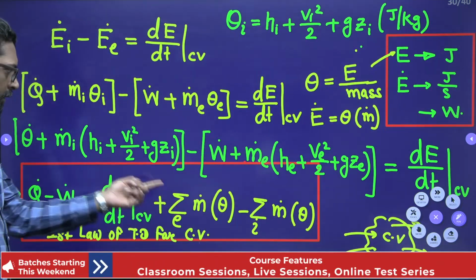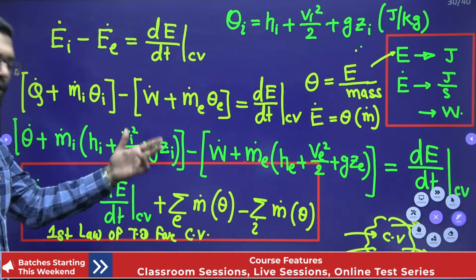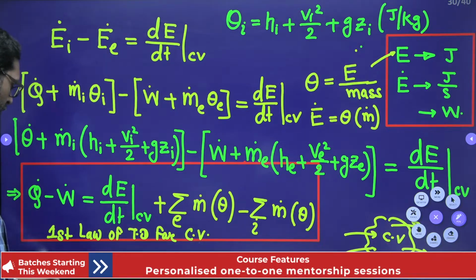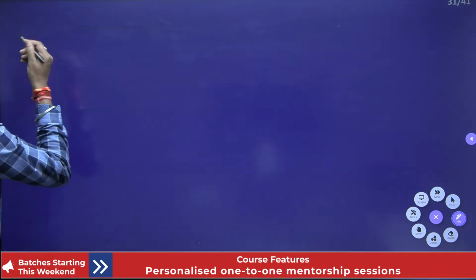So this is also one inlet, one exit. It may be in this form. Now that means what is happening, beta?